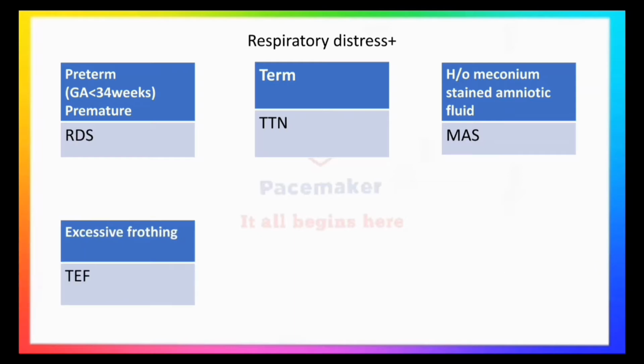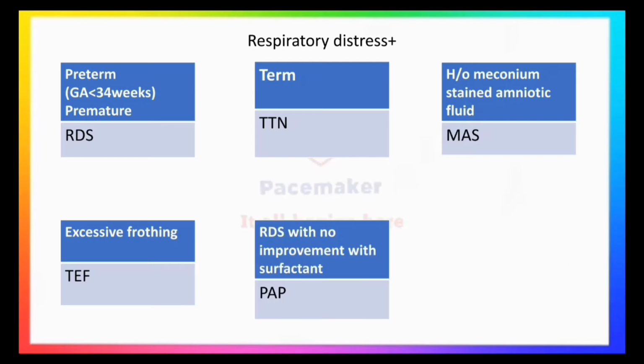Or if there is excessive frothing along with respiratory distress in a newborn, then you have to suspect tracheoesophageal fistula. Or if the patient is diagnosed with RDS and there is no improvement with surfactant treatment, then you have to suspect pulmonary alveolar proteinosis.